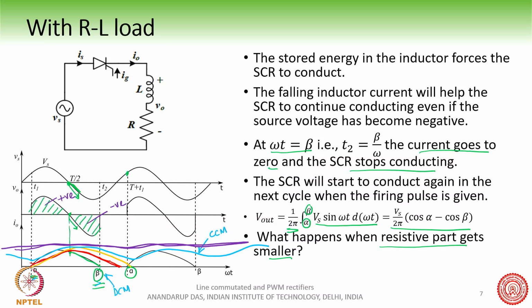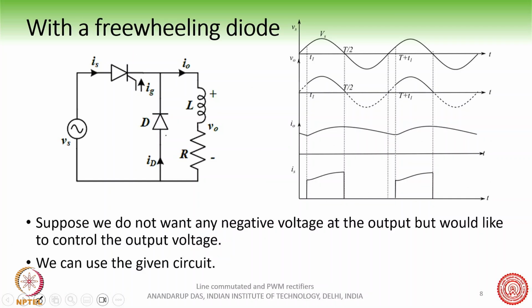You do not want the negative half of the AC cycle coming into the output side. So what you can do is put a freewheeling diode. As soon as the output voltage starts to go negative, this diode will start to conduct.